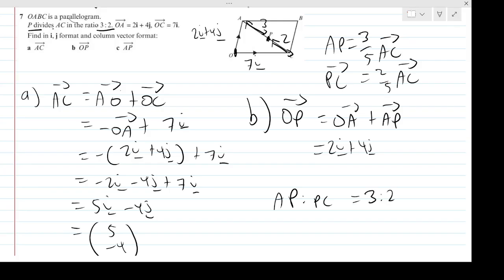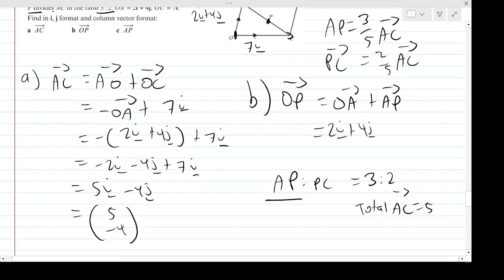But the whole line, of course, is just AC. So in total, AC would equal 5 parts. Well, then A to P, which is 3 parts, is going to be 3/5 of AC.